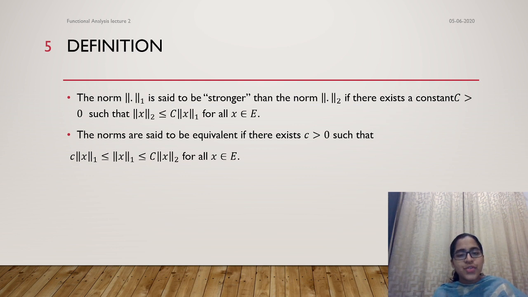Two norms are said to be equivalent if we can find two constants, capital C and small c, both greater than 0, such that small c into norm 1x is less than or equal to norm 2x, which is further less than or equal to capital C into norm 1x for every x belonging to E.